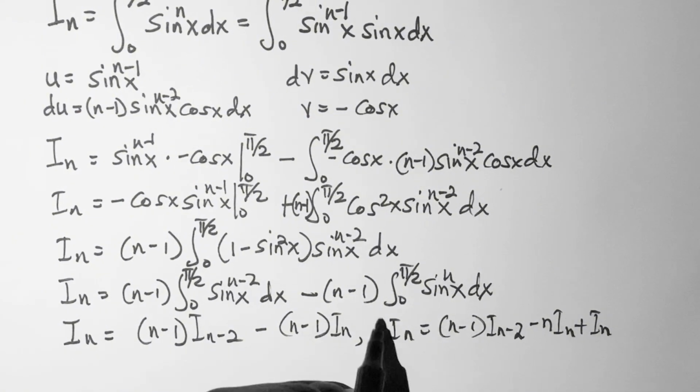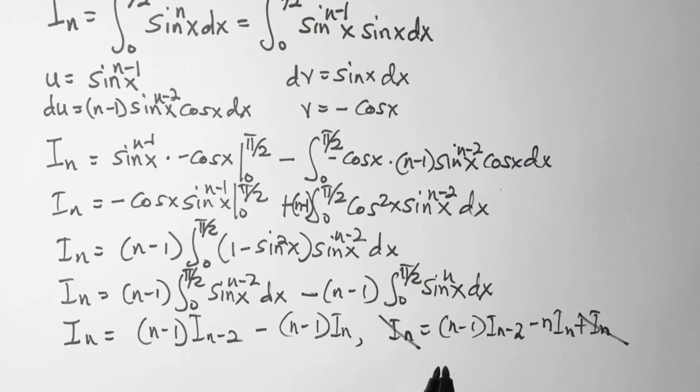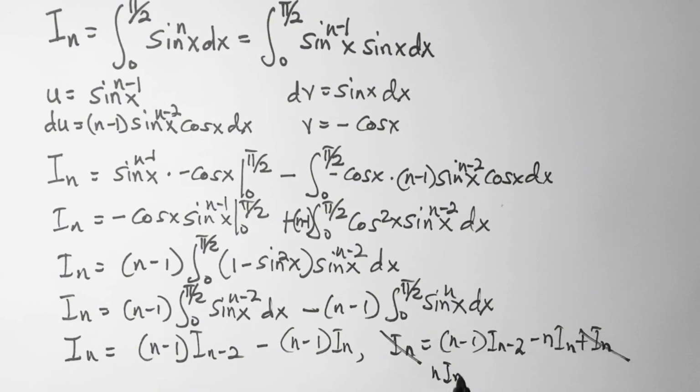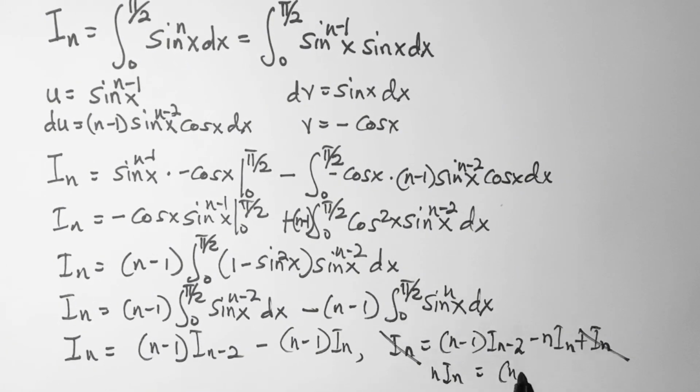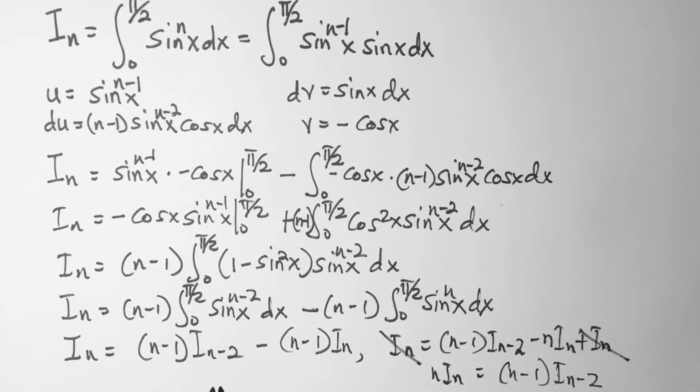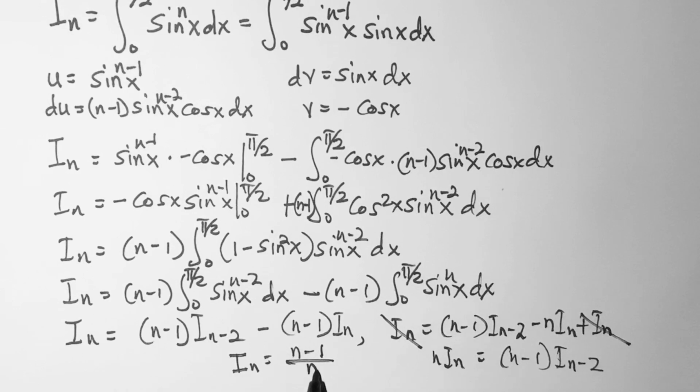You see that this I of n and this I of n cancel out, so you can bring minus n I of n to the left hand side. It becomes n I of n is equal to n minus 1 times I of n minus 2. So if we write the final answer, dividing through by n, I of n is equal to n minus 1 over n, I of n minus 2.